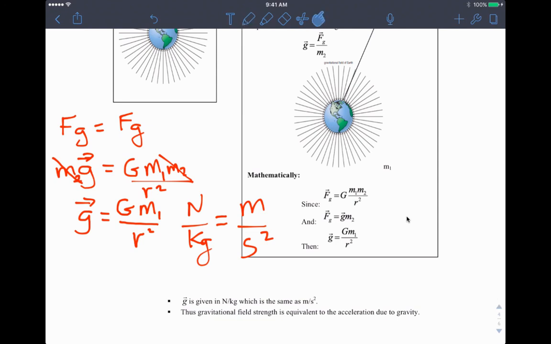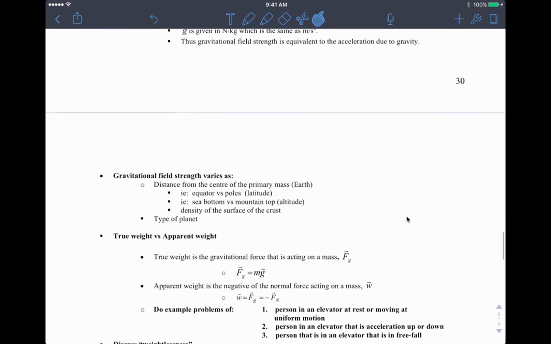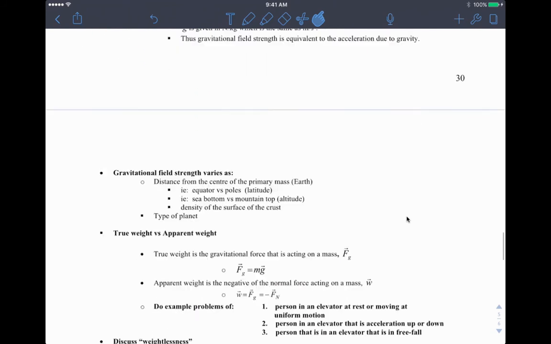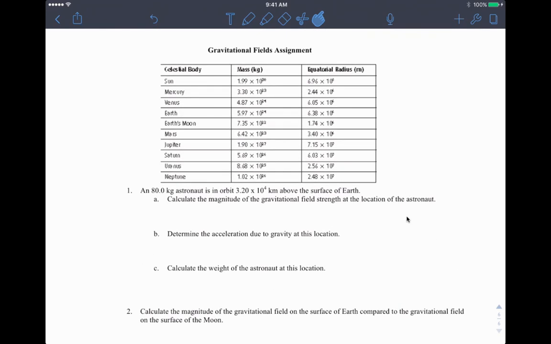And that's what these questions here are going to have you practice as well. For all of these questions, you can use g is equal to GM1 over r squared.